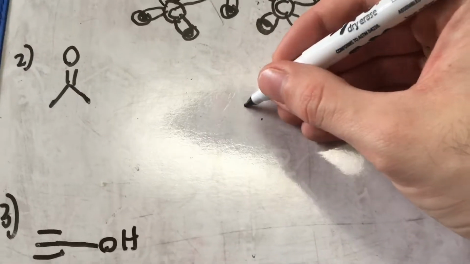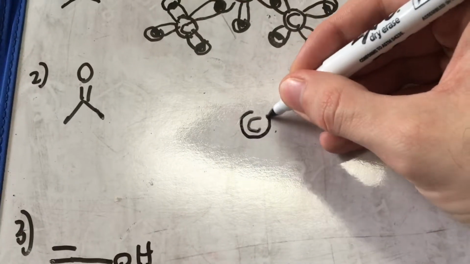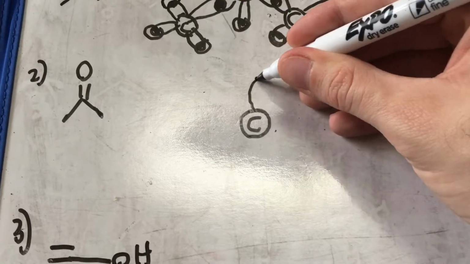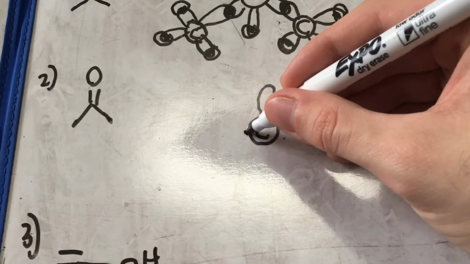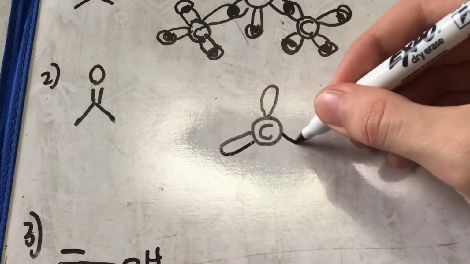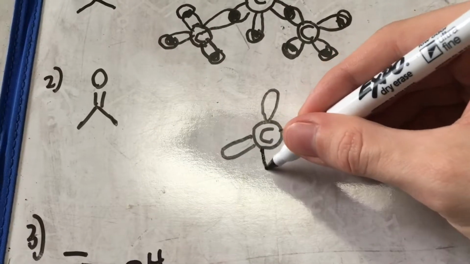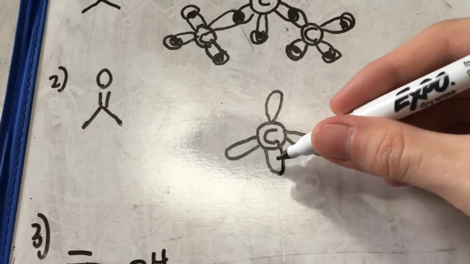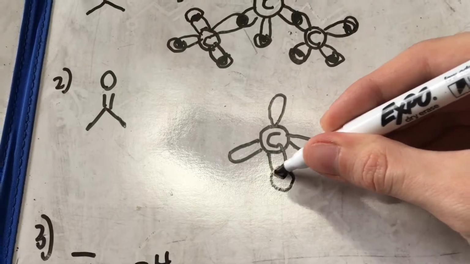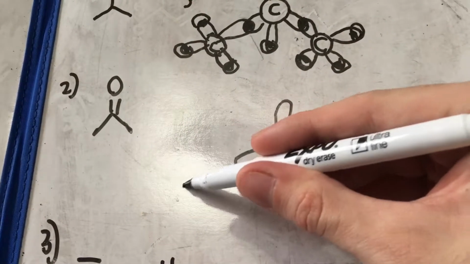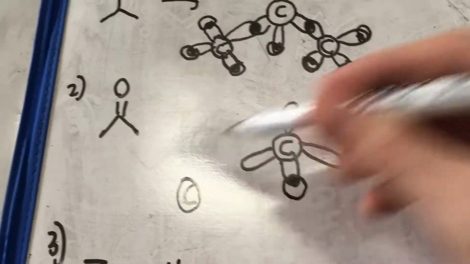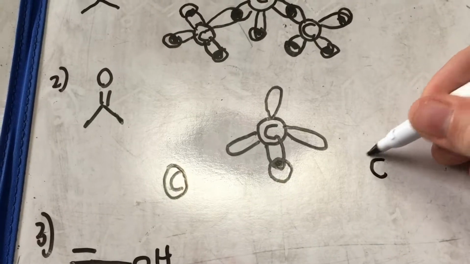We have our central carbon. We have our 4 P's. This one we already know is our hydrogen. And these are going to be our 2 other carbons.